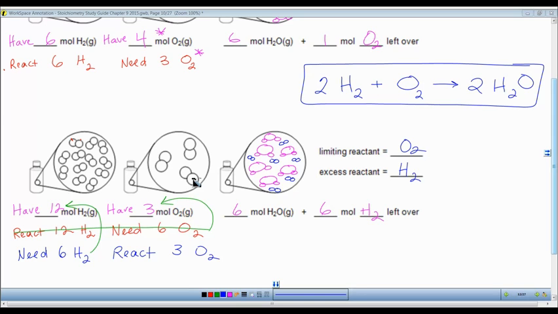They are extras. So here's what we're looking at on a small scale, on a particle level. Times where we may not have the perfect ratio to match the balanced equation, but we'll always react according to the ratio in the balanced equation. We may just have something that runs out and another reactant that remains excess.